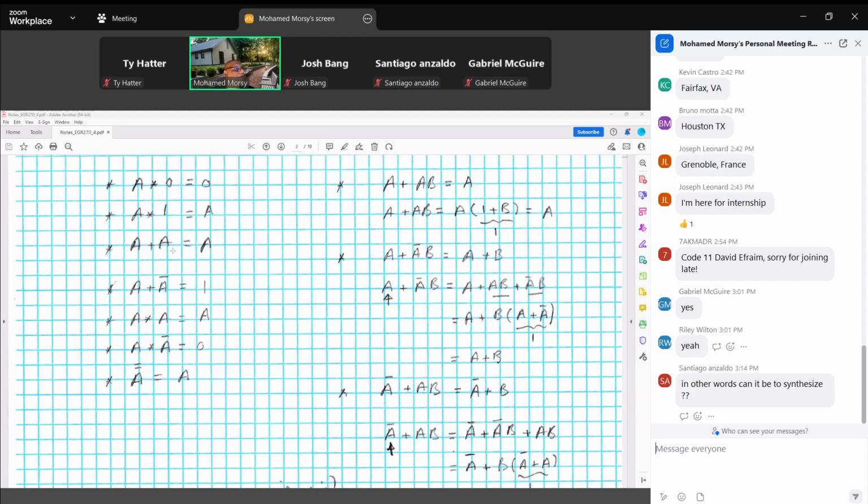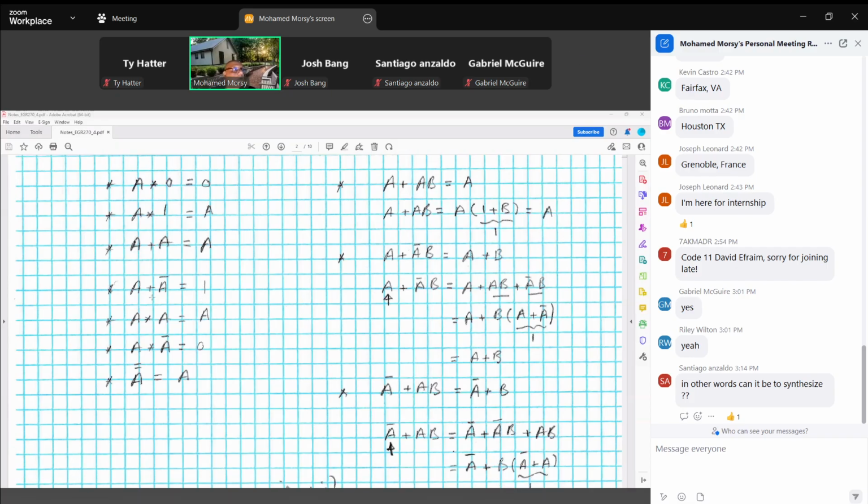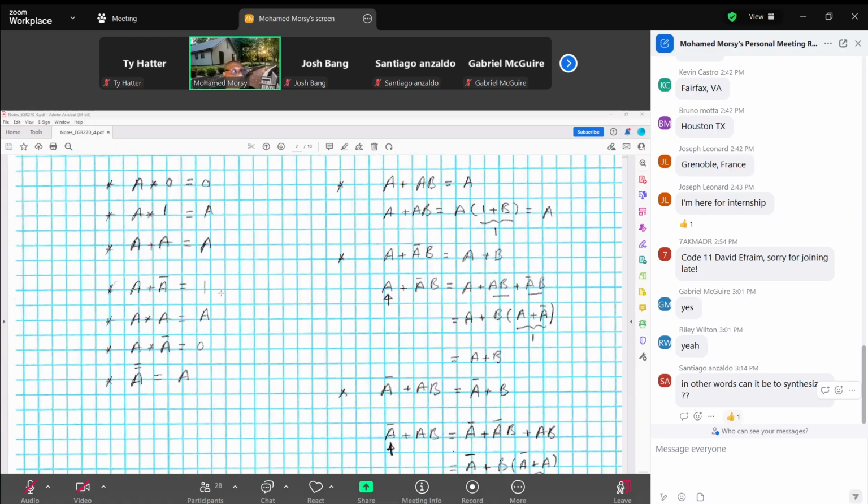So A plus A is A. A plus A inverted is 1. A plus A inverted, the same A but inverted, like 1 plus 0, where 0 is the invert of 1. 1 plus 0 is 1. 0 plus 1 is 1.